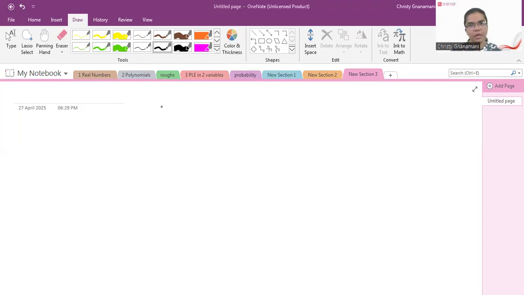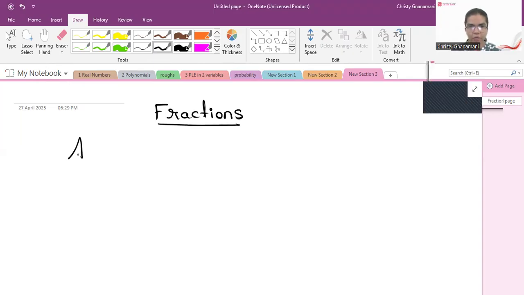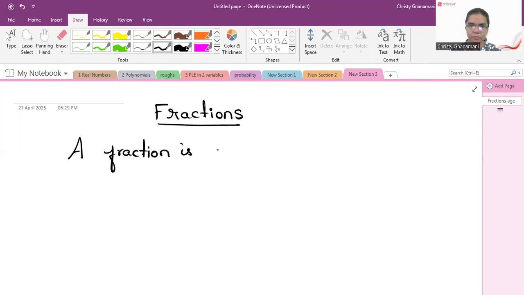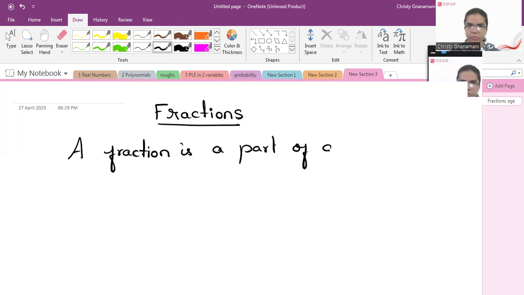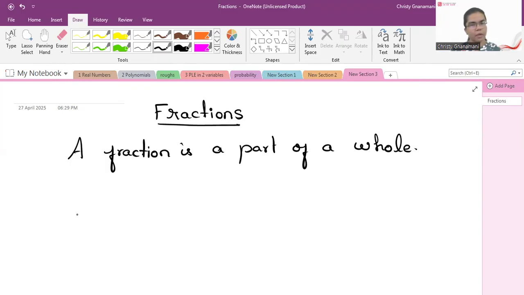The topic is fraction. So what is a fraction? A fraction is a part of a whole. For example, look at this circle.